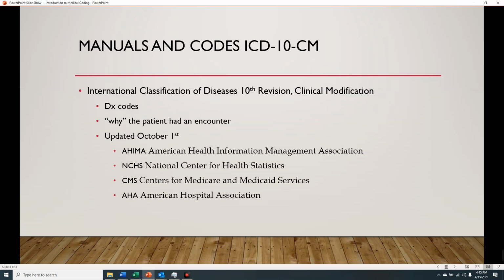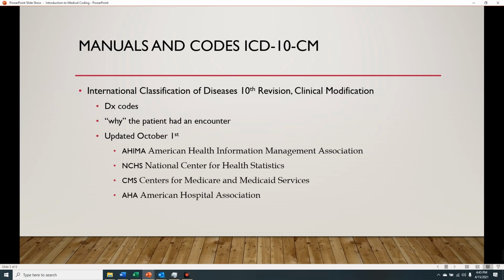So the first one is the International Classification of Diseases, 10th Revision, Clinical Modification, or ICD-10-CM. This manual includes diagnosis codes, and the diagnosis is why the patient had an encounter.